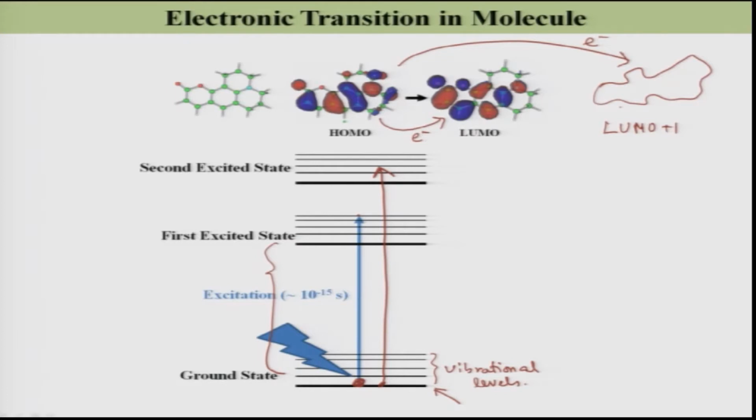It means that when I use light of a particular frequency, let us say nu1, so let me use a different color to make it clear. In this particular case, I have used a frequency nu1, so I promote the system from the ground state to the first excited electronic state.